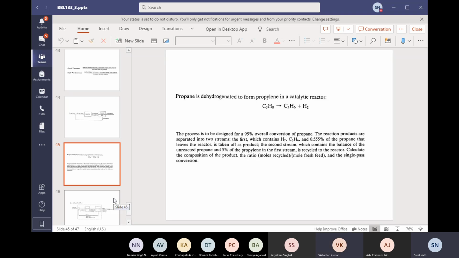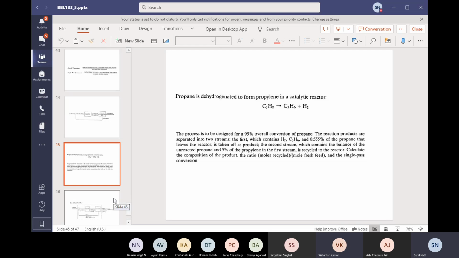Since we've been given 95% overall conversion, and 100 moles are entering, that means 5 moles should be leaving. That is right. The output will be 5 moles. And it's given that 5 is 0.555% of what leaves the reactor.